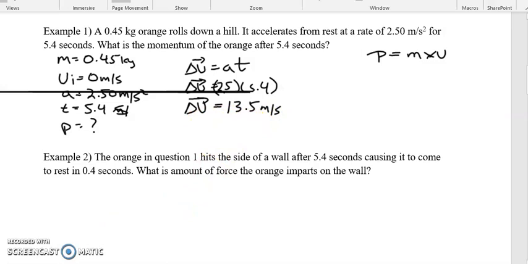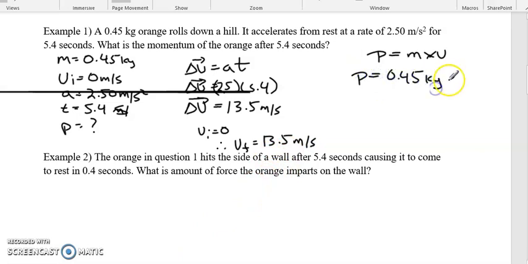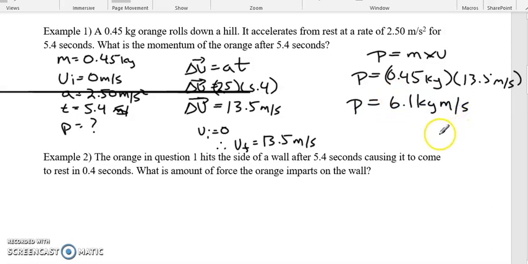Now, because Vi is equal to 0, therefore we can assume that the final velocity is 13.5 meters per second down the hill. So we're really just going to take the 0.45 kilos and multiply that by the 13.5 meters per second in order to get a momentum of 6.1 kilogram meters per second.